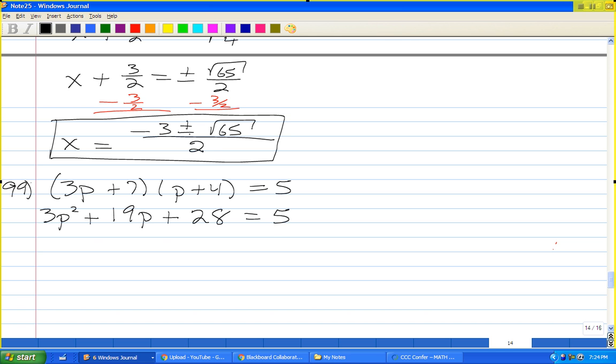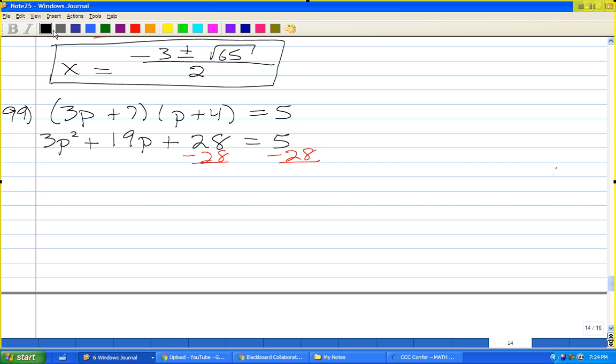Let me complete the square. Subtract 28 from both sides of my equation. So you get 3p squared plus 19p is equal to negative 23.